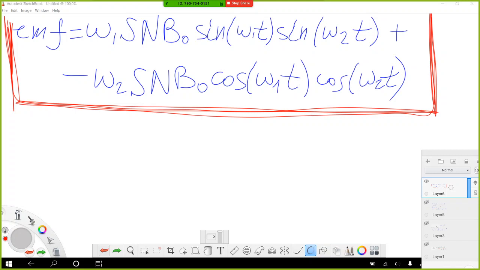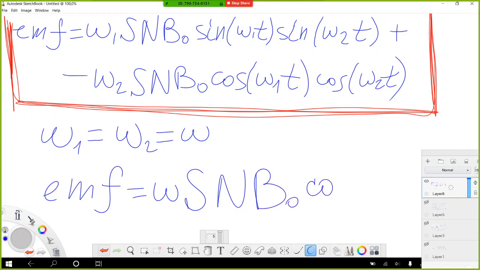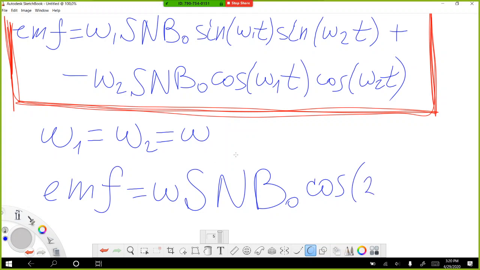If we want to simplify further, for example, if you design your device such that omega 1 is equal to omega 2, which is omega, the final electromotive force will be omega S N B0 cosine 2 omega t, with a minus sign here.